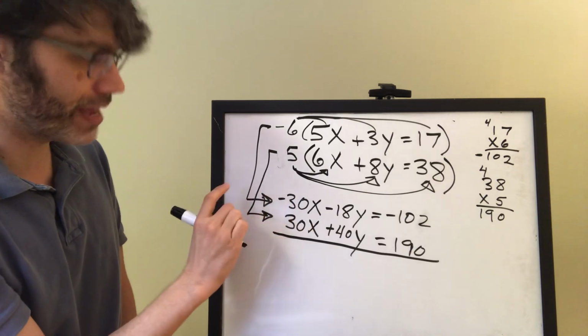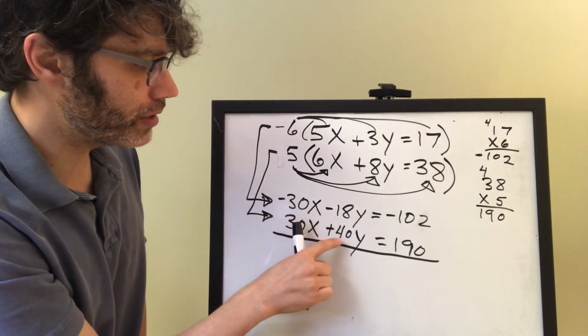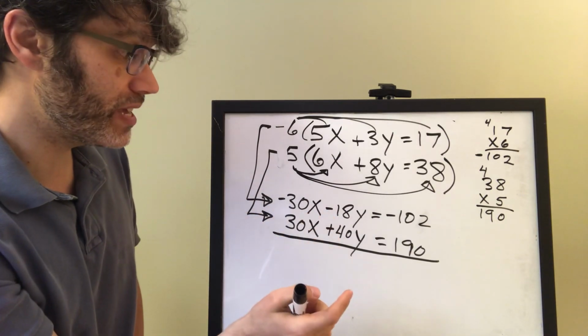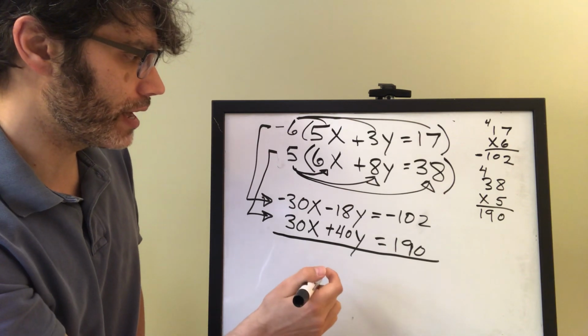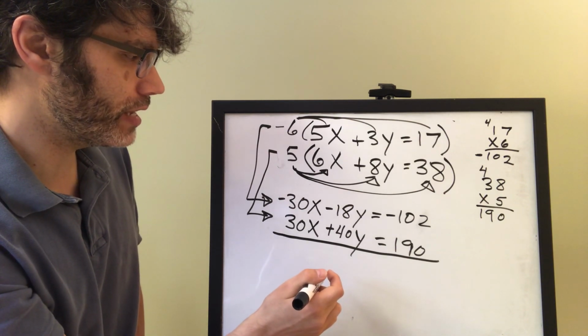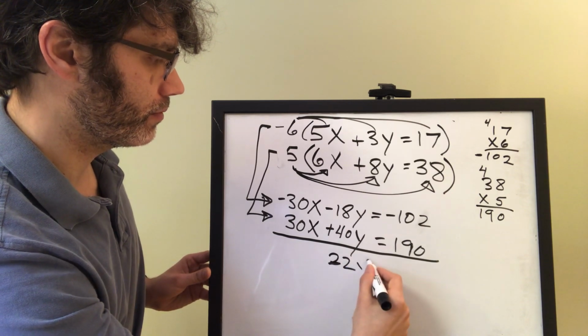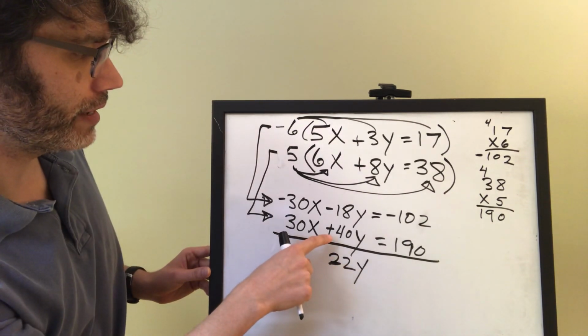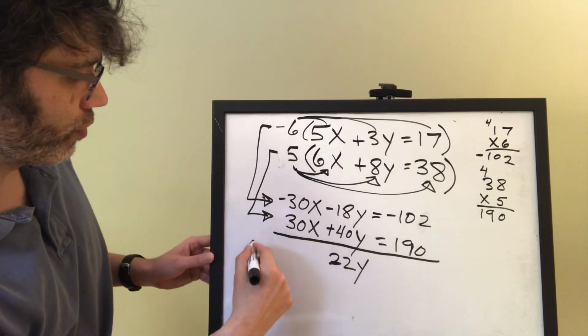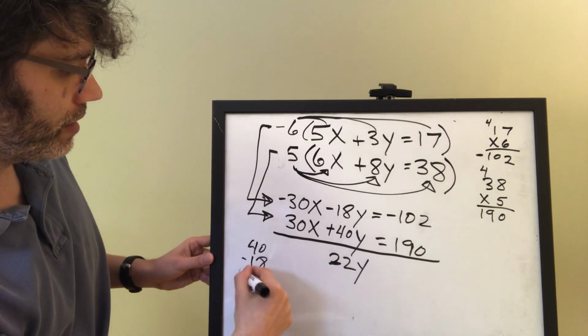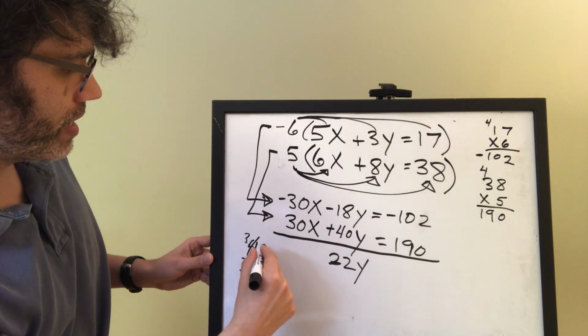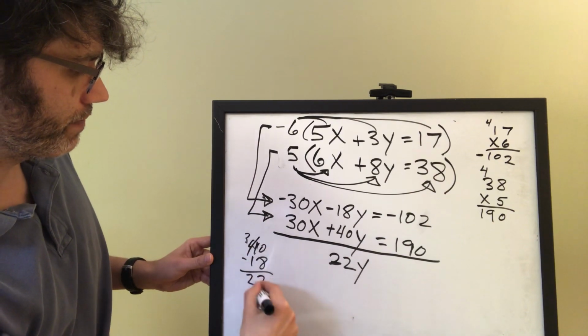So now do you see that I can add these two equations together and the x's will drop out, thankfully. Negative 18 plus 40 is going to be, let's see, is that going to be 22? 22y? Let me just make sure in my head here. So 40 minus 18, that's a 3, and then a 10, 2, yep, 22.